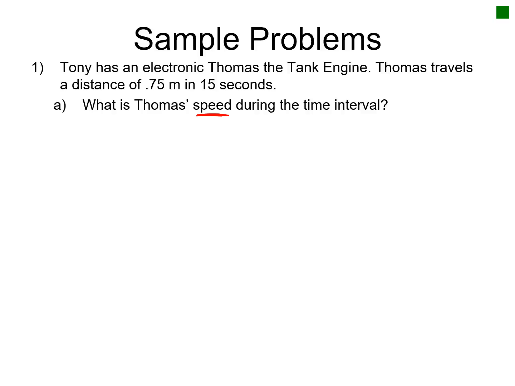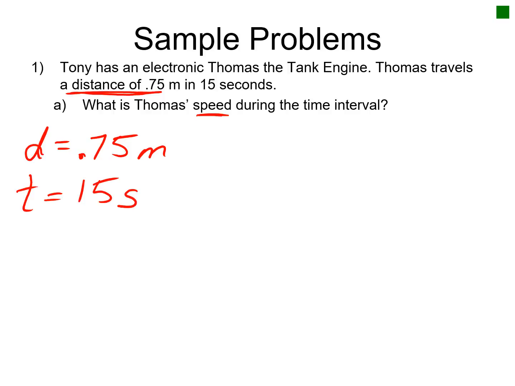All right, so let's see. Well, let's start. We have a distance of 0.75, so d is equal to 0.75 meters. We know that the time it takes is 15 seconds. And we are asked to find the speed. Okay, so the equation that we're going to use is s equals d over t.